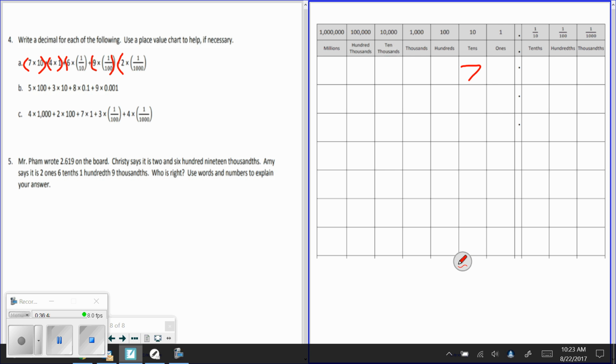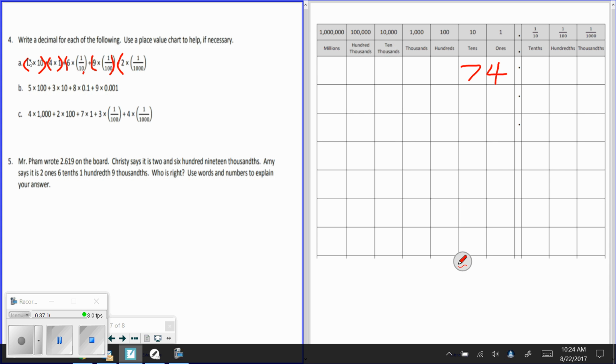4 copies of 1. Where? In the ones. Now you have to be really careful because sometimes they'll leave out a place value. That's where this is really important, because people will just smoosh everything together and have the wrong number. 4 copies of 1, go to the ones place, stick it in there. 6 copies of 1/10.